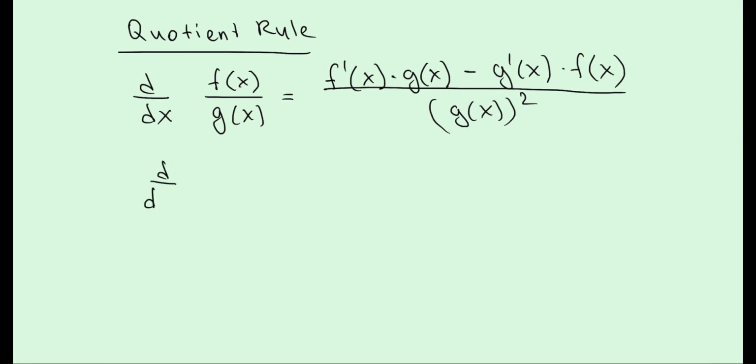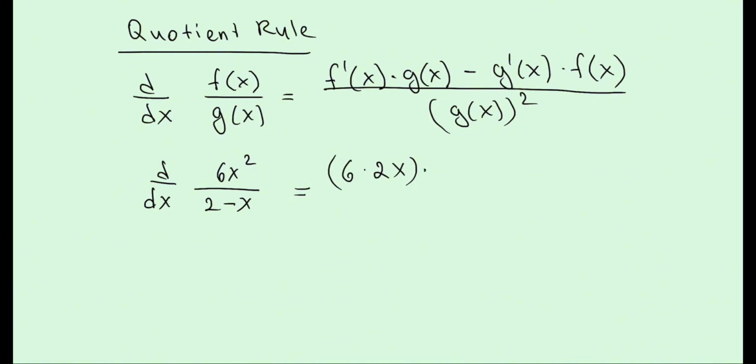Let's say we're finding the derivative of 6x squared over 2 minus x. To find the derivative of the numerator, we're going to use the power rule. So we're going to get 6 times 2x. So this is the derivative of f of x.